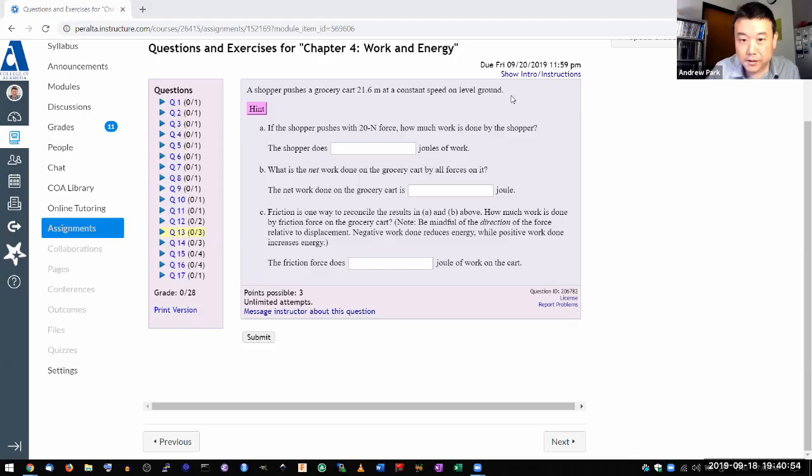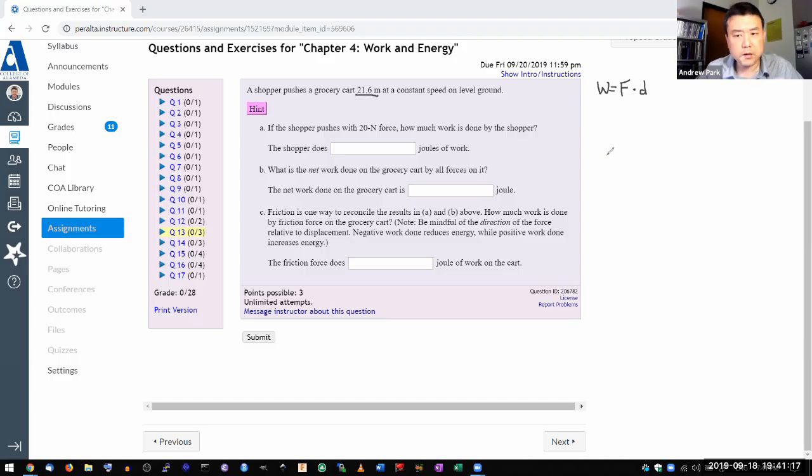So let me write down the formulas that I'll be using. That's in chapter 4. One is the definition of work, which is defined as force times distance. So it's good that I have distance given here, which I guess I'll be needing.